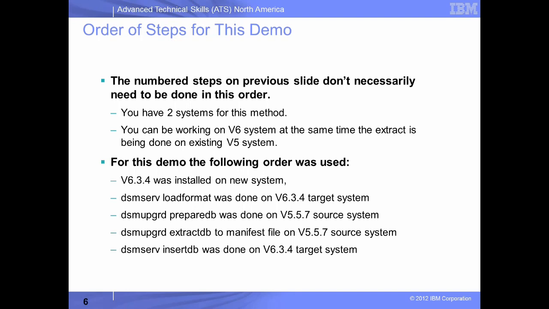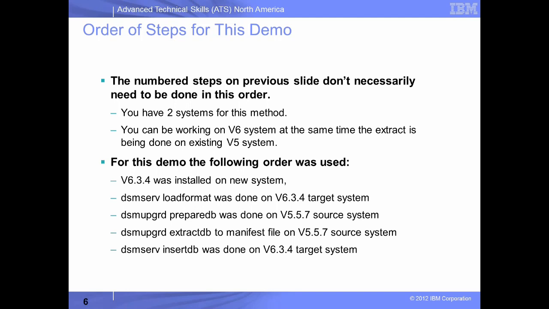So a couple of points here that I'll make on this demo. First of all, we decided that we were going to use 6.3.4 as our starting point for our version 6 system. Now, what I would recommend at this point, as of today, the recommended level that you should be going to is 6.3.4.200.